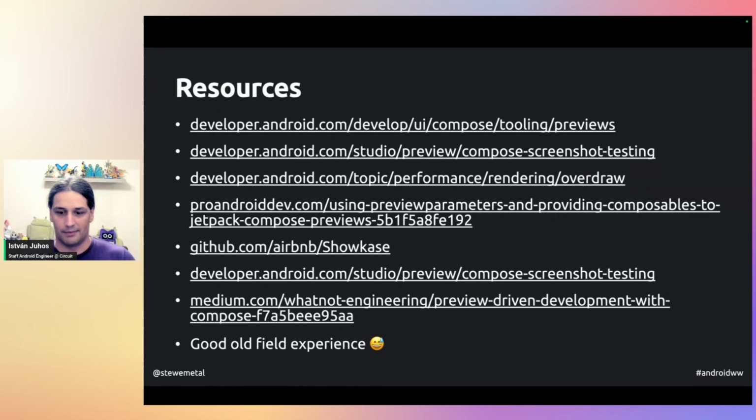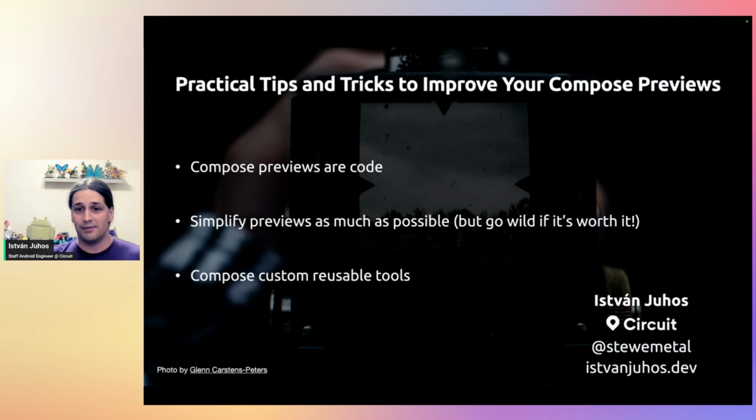And yeah, check them out. There is some documentation there, and also some articles that I really recommend you to check out. And with that, summing up everything: Compose previews are code, take care of that code, others will read that code. Simplify previews as much as possible, but go wild if you need to do something to make your life easier.